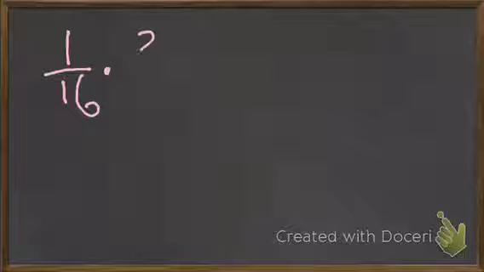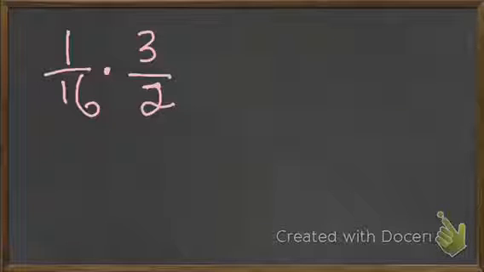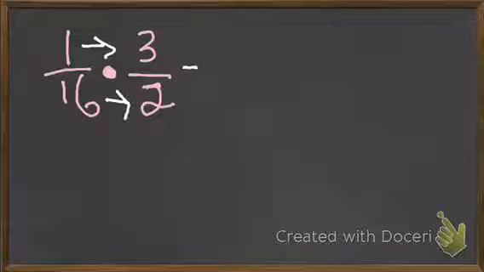Let's say 3 over 2 in the bottom. Yeah, 3 over 2. Okay, so now we are multiplying. This is very important. We need to know what we are doing. So we are multiplying fractions, right? So now we forget about the denominators being the same, and we simply multiply. You're going to multiply top times top, bottom times bottom.